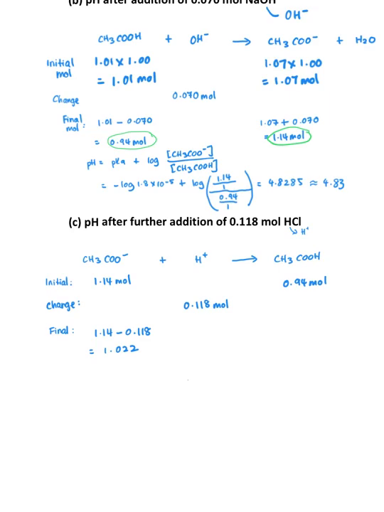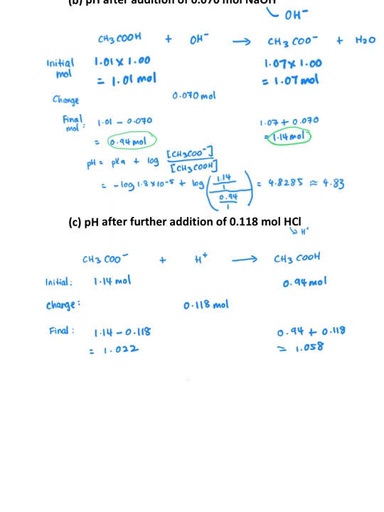And similarly for acetic acid, we initially had 0.94 moles, but now we are adding more acetic acid because more of it is formed. So there is 0.118 moles that is formed. And now we have 1.058 moles of acetic acid.